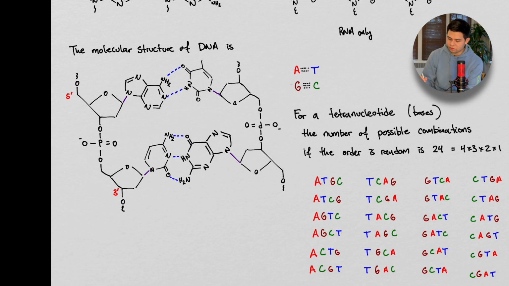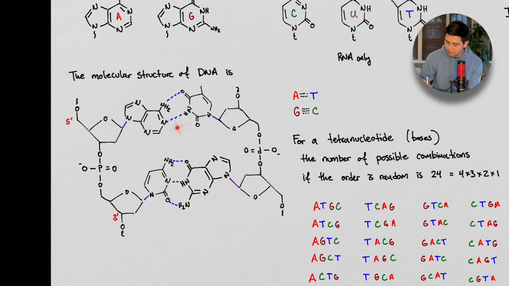We have anti-parallel strands. Each strand is attached to a sugar, right? Each sugar attached to a phosphate is attached to a base, right? And these bases are hydrogen bonding to our adenosine or to our other bases.